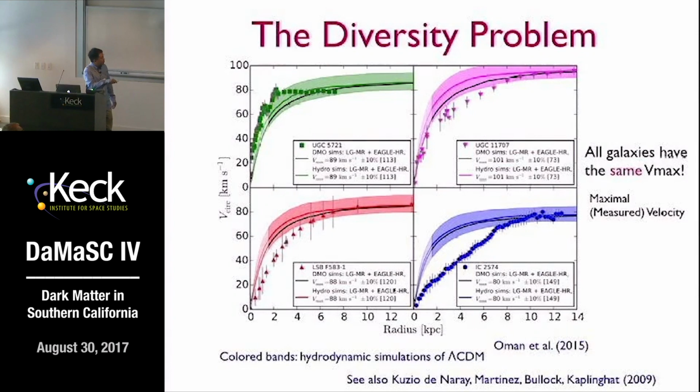Which means the rise is linear, so this galaxy has a large core. But these 2 are in the middle. This problem was first pointed out by people at Irvine, James and Manoj, and others. And then when they looked at the low surface brightness galaxies, they realized that if you really want to fit the data, there's a big spread in the central density, right? So that is the problem.